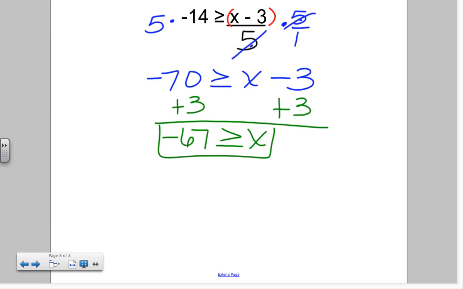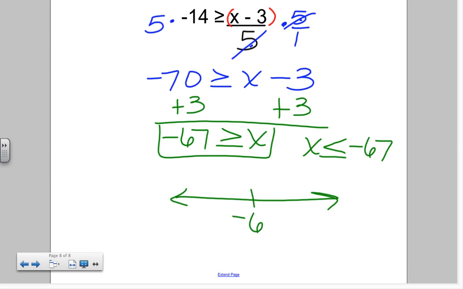How many of you rewrite this? Anybody do that? Okay, it's fine if you do. If you did, remember the little point is facing the x. So if you rewrite it, make sure that you rewrite it with that little point still facing the x. All right. So x is really less than or equal to negative 67. So we have to graph this.